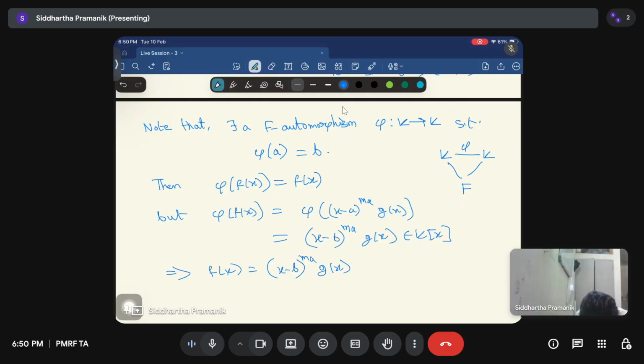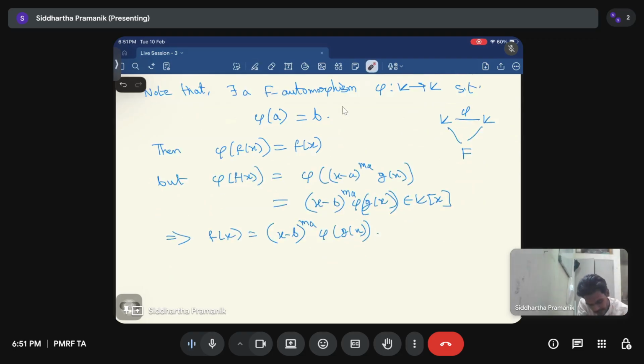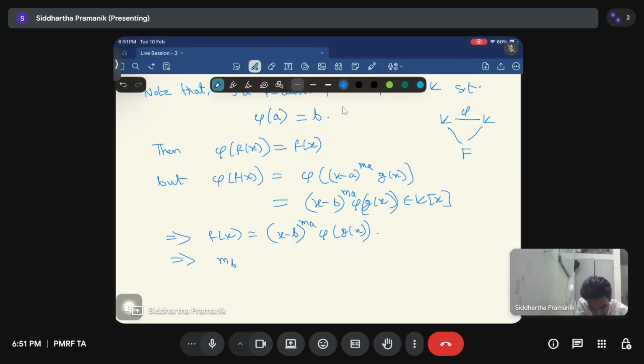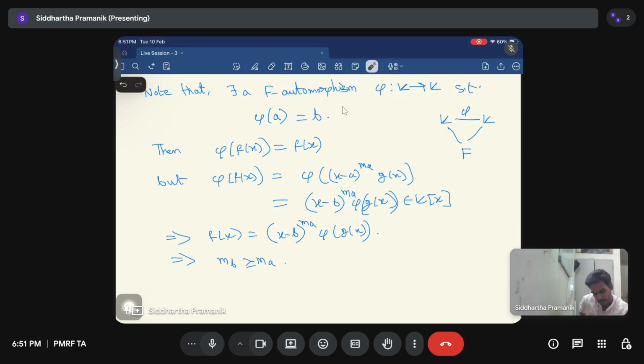Not exactly g(x), it is phi of g(x), because the coefficients of g did not come from the base field F. So here the power is m_a. That means the multiplicity of b has to be at least m_a. So f has at least m_a roots at b.